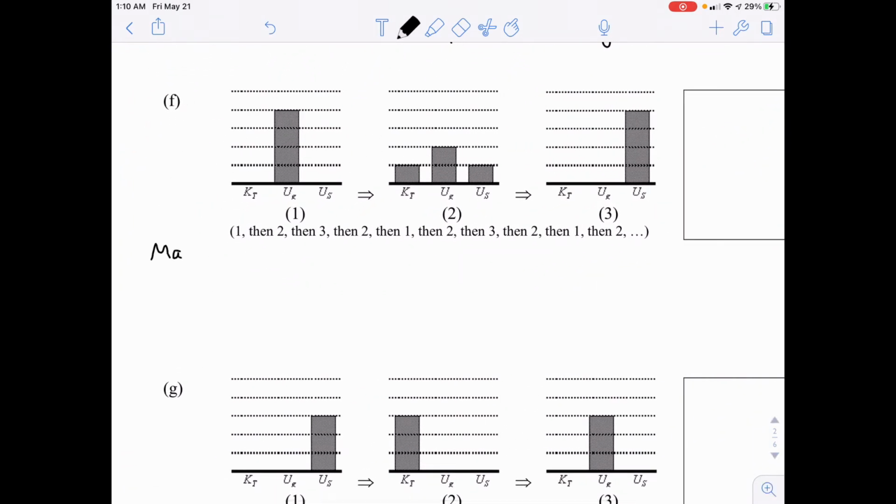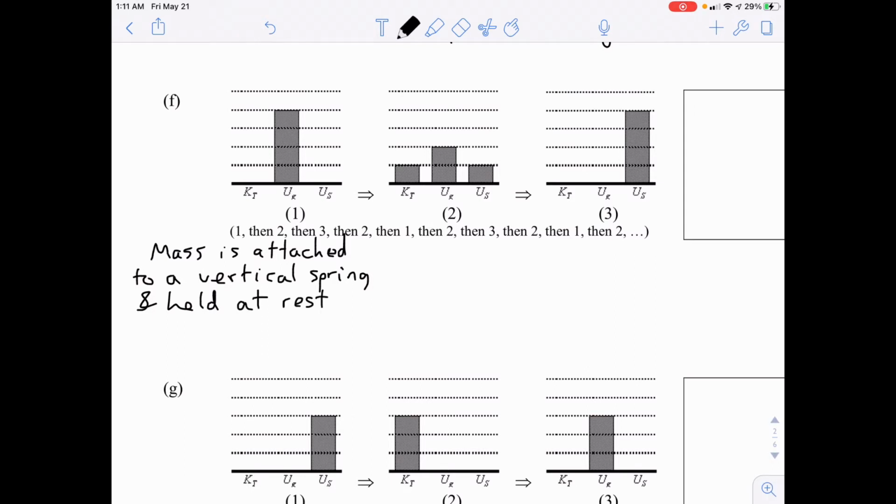So in part 1, mass is attached to a vertical spring and held at rest at its highest point.